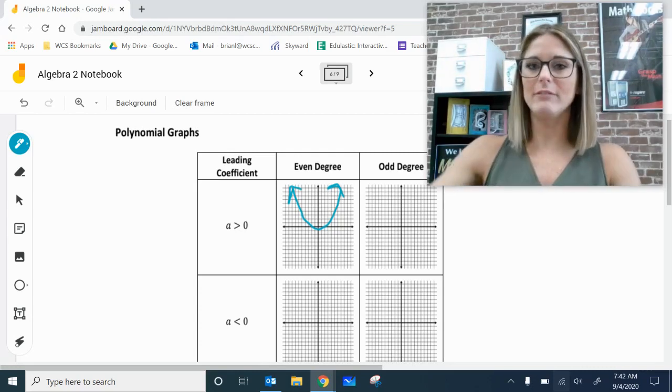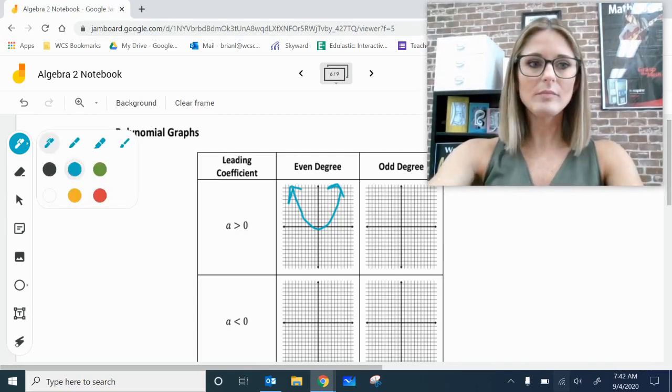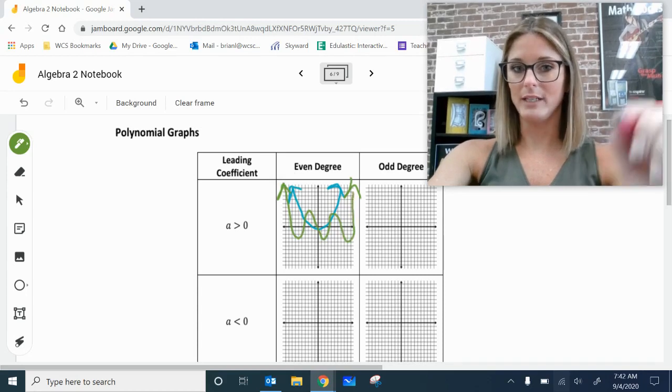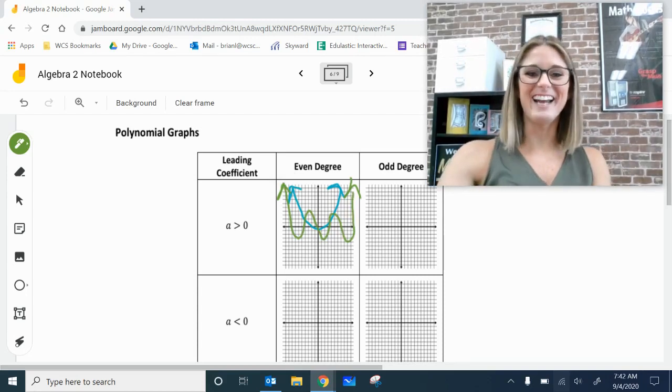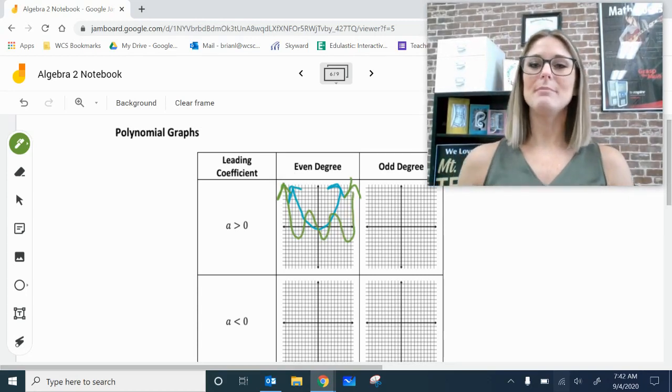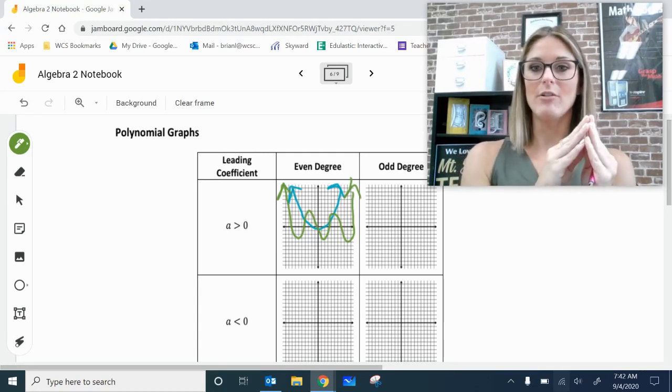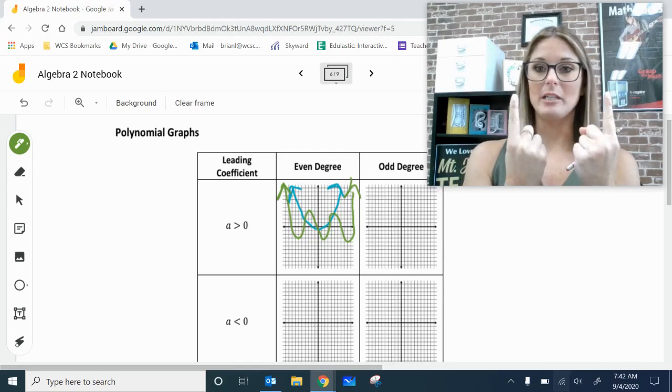What if it's another even degree? It's going to do the same thing. You're going to still have up arrows on both sides. There just might be some extra humps and bumps in between. So these are going to get kind of fun. But the point being, if your leading coefficient is positive, if a is greater than 0, and it's even, both arrows will be going up.